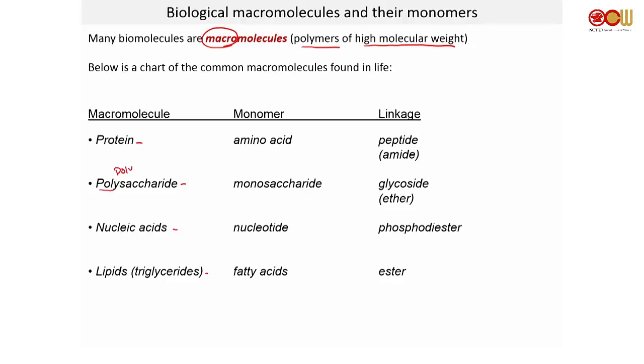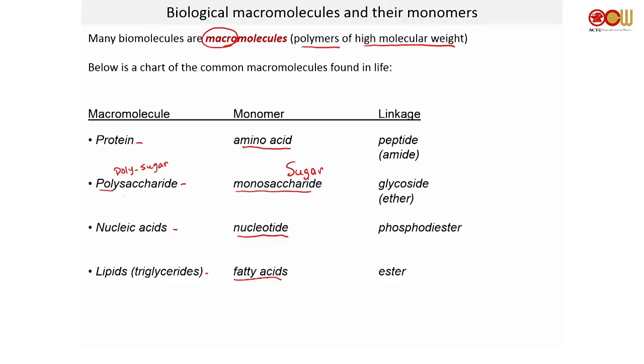Polysaccharides just means poly and then carbohydrates, so poly sugar. Their monomers: for protein is obviously amino acid. The monomer for polysaccharides is monosaccharide, so this is sugar. The monomer for nucleic acids are called nucleotides. Monomer for lipids are fatty acids.